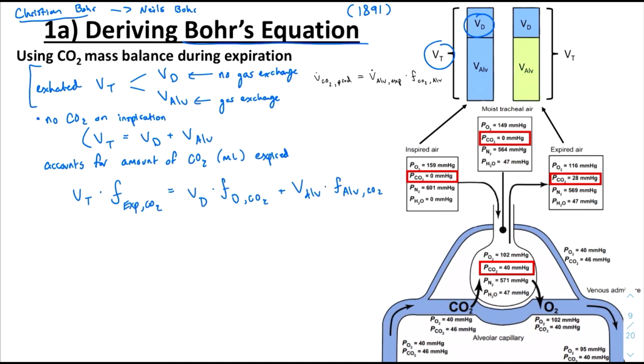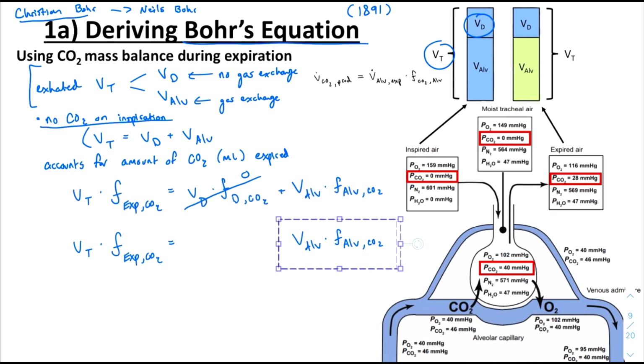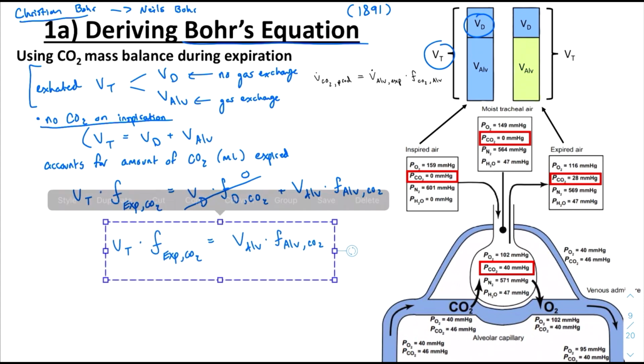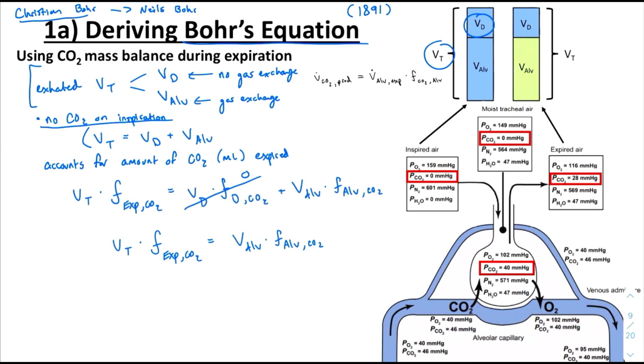Each of these should have some amount of milliliters of CO2 that comes from them in the expired air. But once more, if there's no CO2 on inspiration, then the fraction that you would find in the dead volume would be 0. So using that, he reduces the equation to this relation between these four variables.